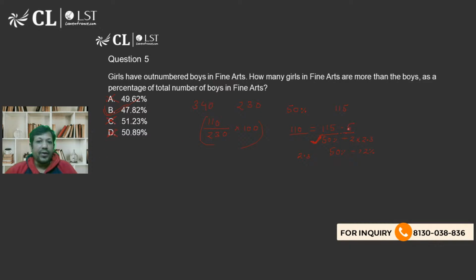Right? Now 5 is what? 2 into 2.3, it means you are subtracting more than 2%. So 50% minus more than 2% means the value should be less than 48%. Right? So 49% point something also cannot be the answer. So the answer of this question is definitely going to be option B. Understood?